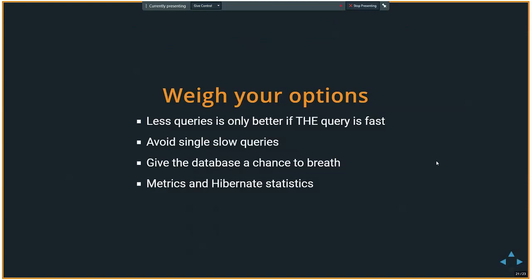I'm reiterating here: weigh your options. There are metrics, there's Hibernate logging. It will give you the amount of queries, time to open connections, time spent waiting. There's a bunch of statistics that you can get from the Hibernate logs by enabling statistics in Hibernate.